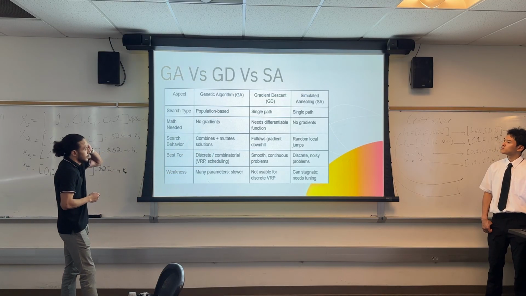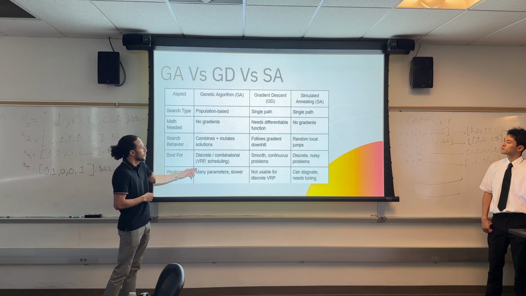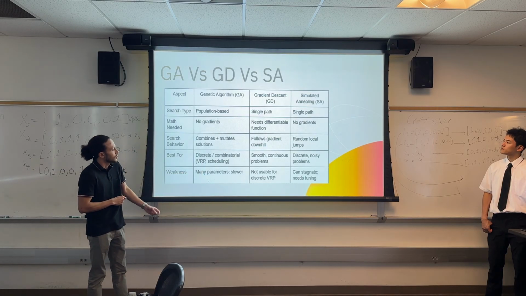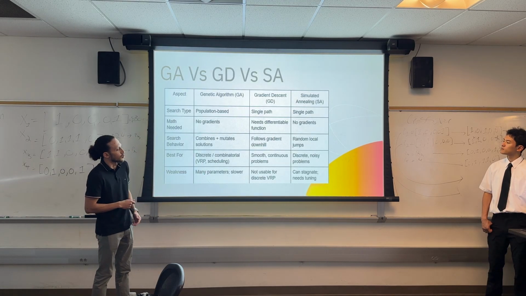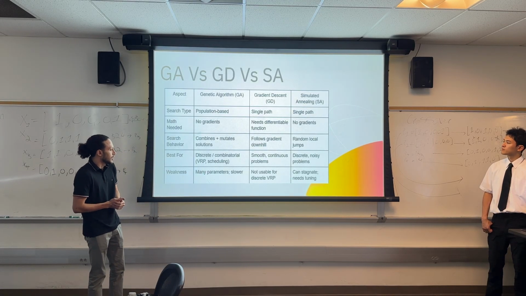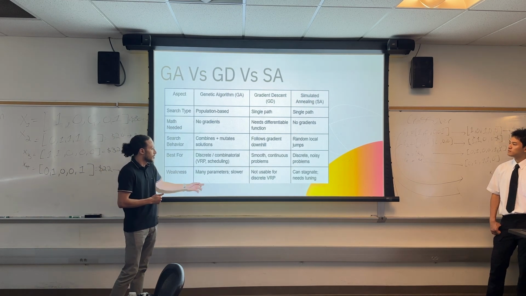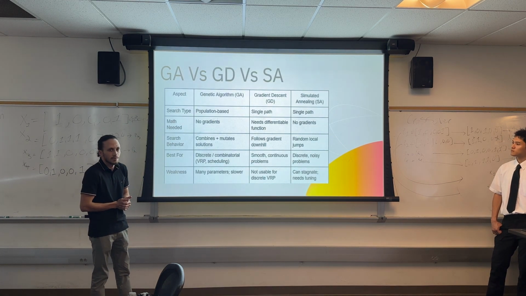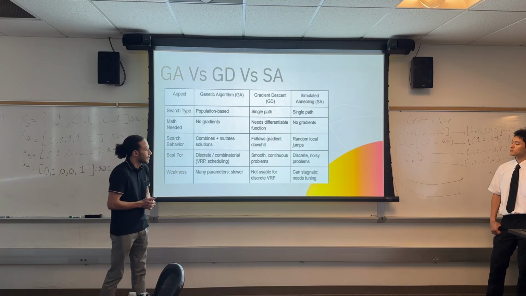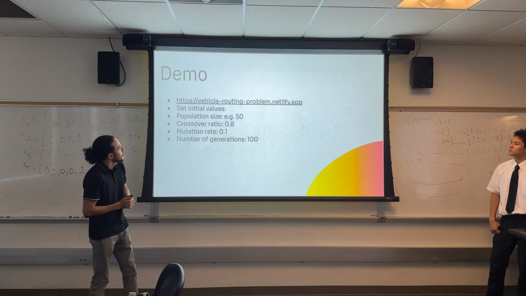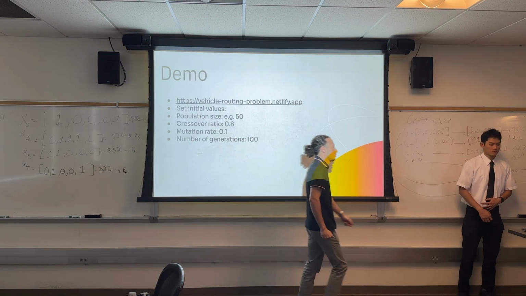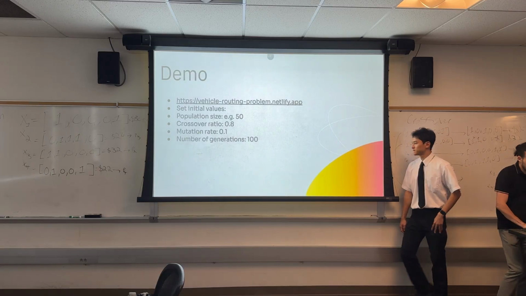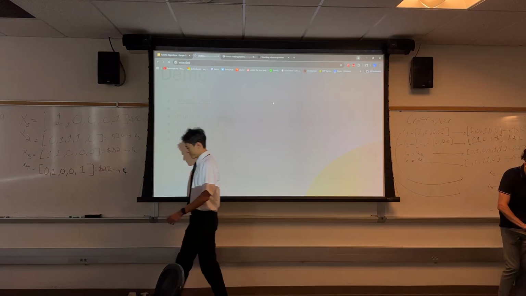The GA is better for discrete problems like VRP, you mentioned, while gradient descent is better for smooth continuous problems. I guess the weaknesses could be too many parameters, because the problem gets pretty scaled. I was going to show you a quick demo, but hopefully it helps a little bit.